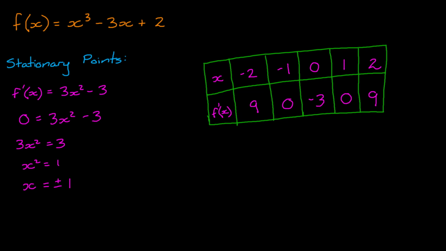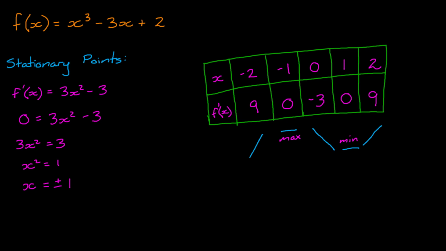What that tells us is that our derivative is positive before x is -1, goes 0 at x is -1, negative in between, 0 again at x equals 1, and then positive afterwards. So we've identified that x equals -1 is a maximum of the function, and x equals 1 is a minimum.